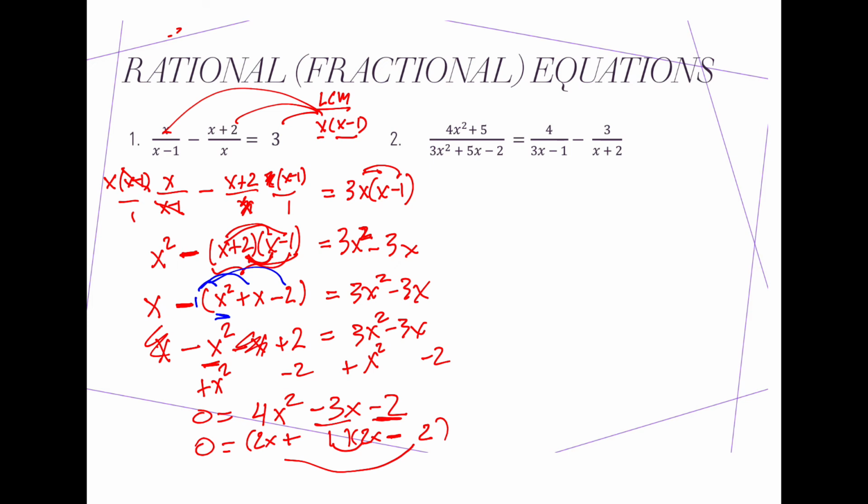But 2 and 1, I know, if I switch these around, it's just going to give me positive 2 instead of negative 2. So I know what needs to change is the numbers out front here. It needs to be a 4x and a 1x. This will give me negative 8, positive 1. That doesn't work.